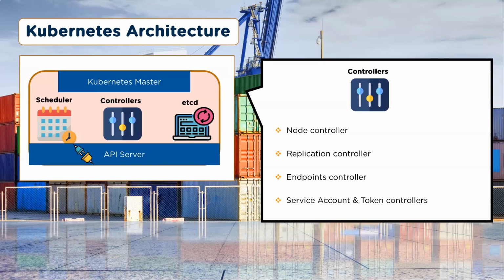When we talk about these controllers, these are the components really responsible for keeping your overall Kubernetes cluster up and running. If any of these controllers is not working as expected, that is where the real problems will start coming up.